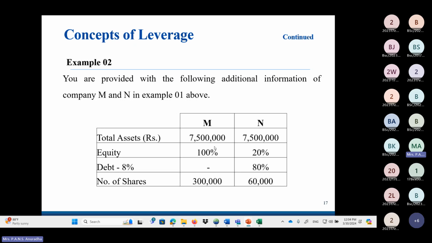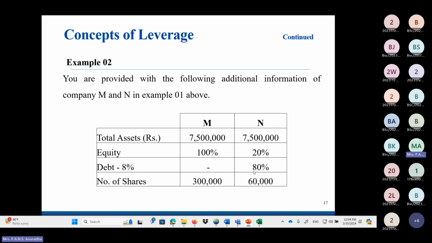If you look at company N, equity financing is 20% and debt financing is 80%. So their financial leverage is high because fixed cost financing is 80%.